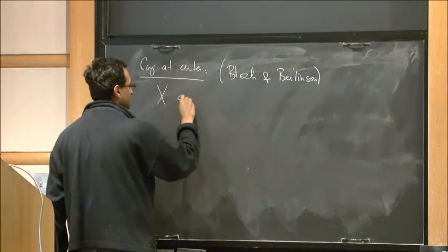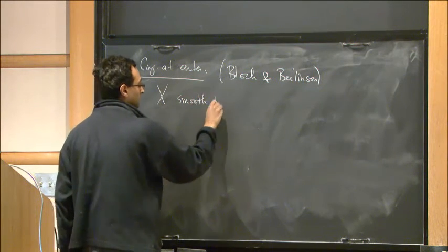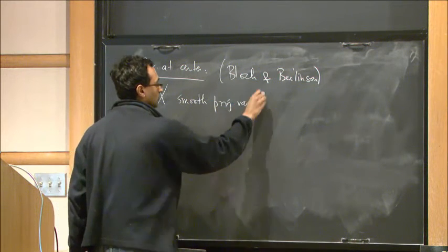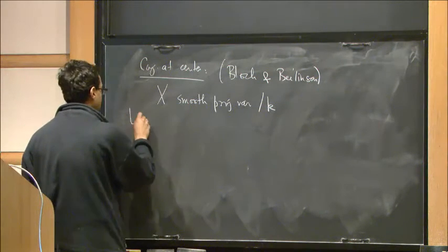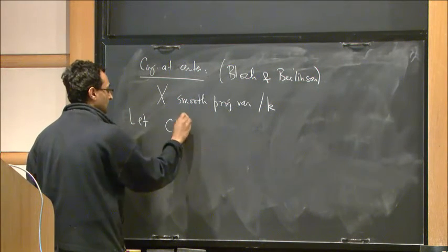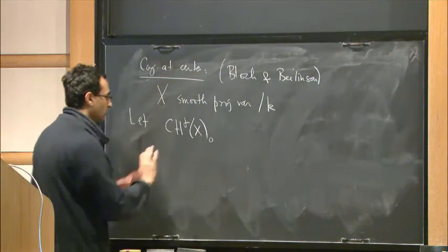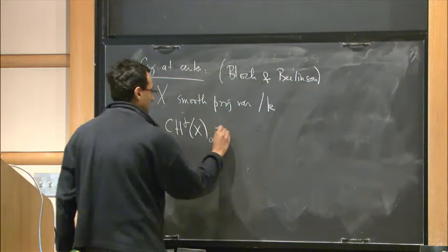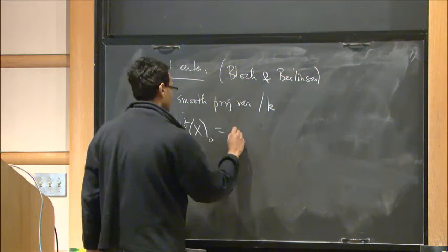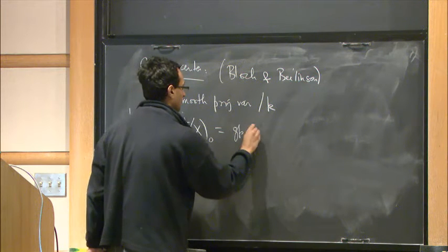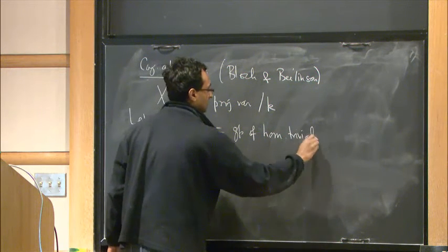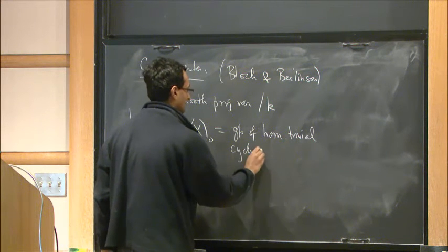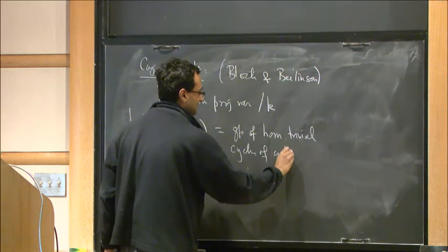Suppose X is a smooth projective variety over K. K is going to be a number field. Let Chow^j(X)_0, and I'll say in a second really what this is, be the group of homologically trivial cycles of codimension j on X.